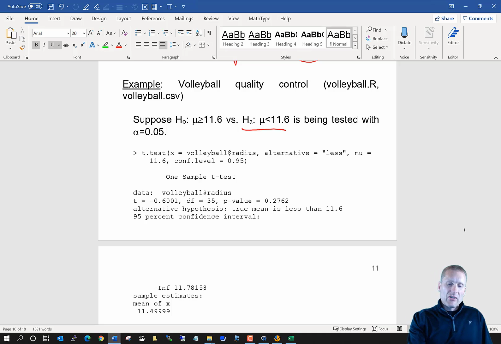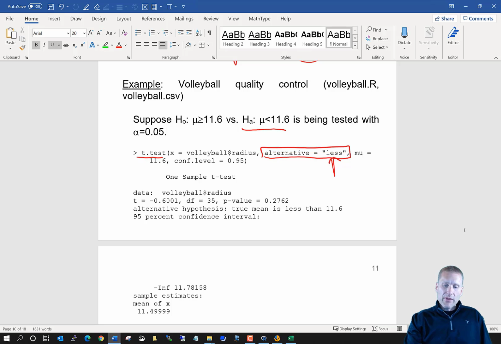If I were to use the t.test function with it, note that there's an argument in the t.test function that allows you to specify if you have a left-tail, right-tail, or two-sided test. We've actually seen the two-sided test before. But now I have a left-tailed test. Rather than saying left, instead we use the argument alternative equals less to mean that. If you have a right-tailed test, you use greater.